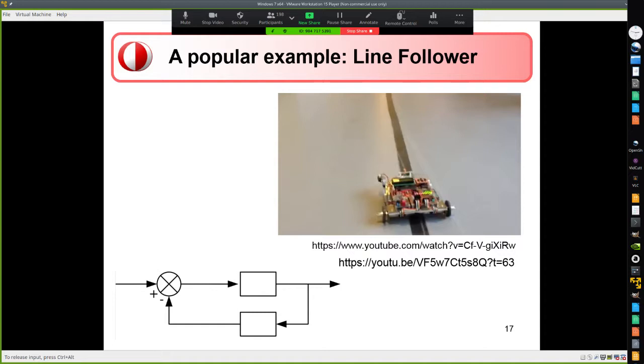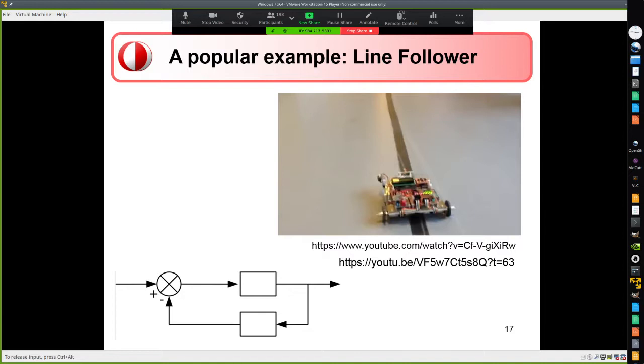Now it's interesting to think about what's the input, what's the output, what's the controller, what does the controller do. For example, here the desired output is that the robot's line of motion, you can think of this as a vector, stays on the line.